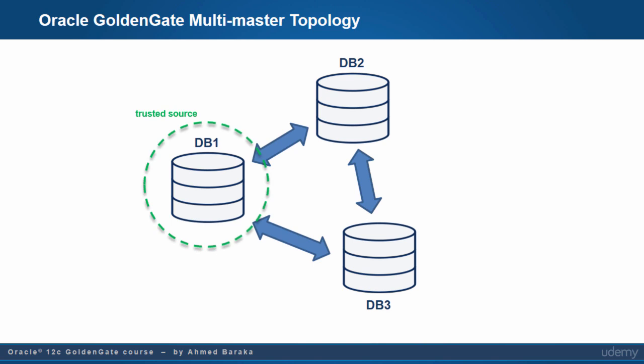One of the databases should be considered as the trusted source. This is the database from which the other databases are derived in the initial synchronization phase and in any subsequent resynchronizations.